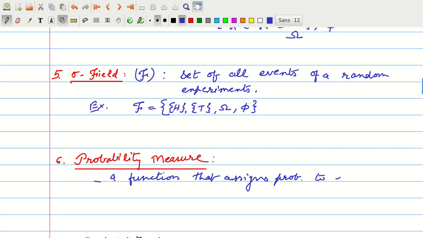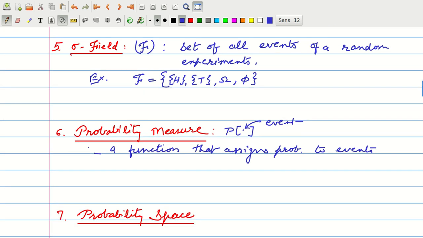Notationally, we write it as P of some event, where the dot denotes some event. For example, if we consider the tossing of a coin, the corresponding probability measures would be denoted as P of H, P of T, P of omega, and P of phi.